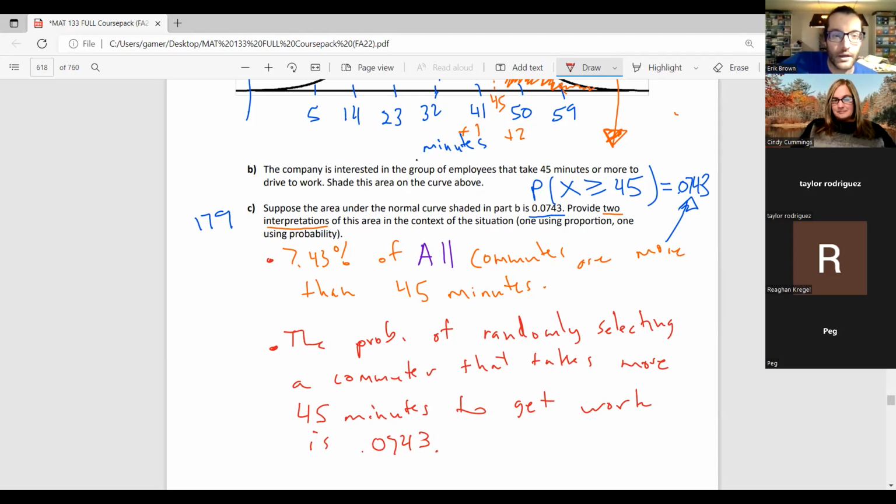So think selecting one. That's the difference between the two interpretations.